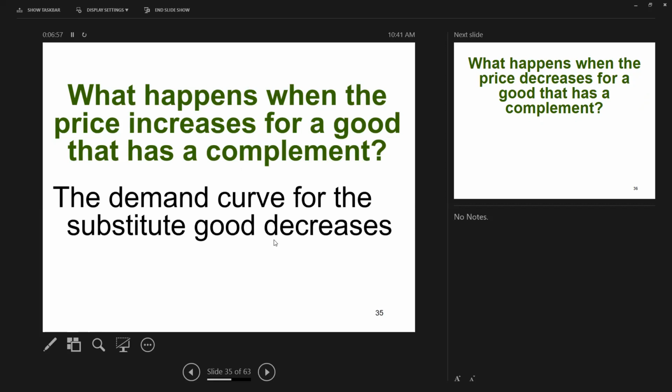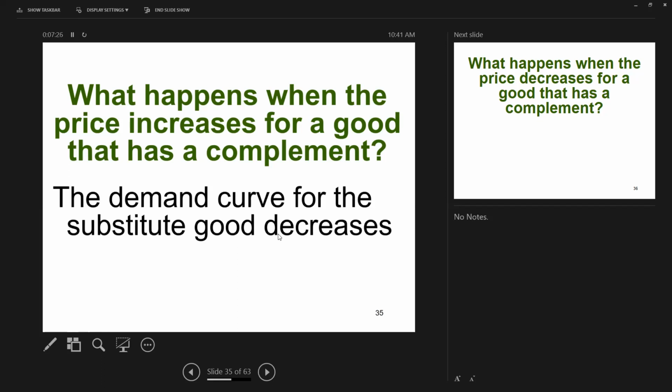And that's because it would become more expensive to buy both a computer and a printer together, which most people do. So because it's more expensive to buy a computer and a printer together, fewer computers and printers will be bought. Fewer computers will be bought because the price of computers went up. That causes a change in the quantity demanded for computers.